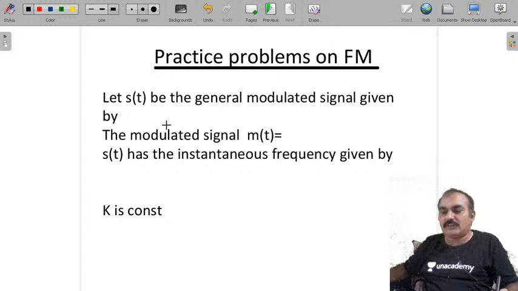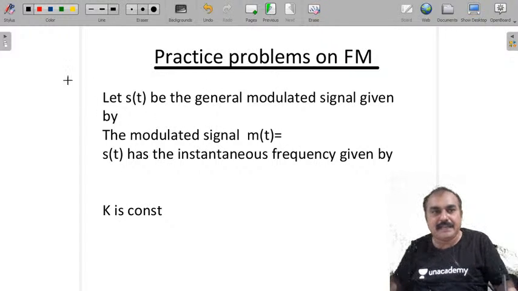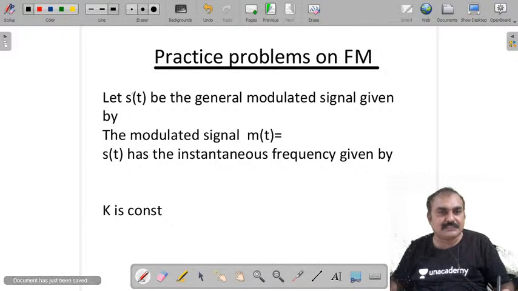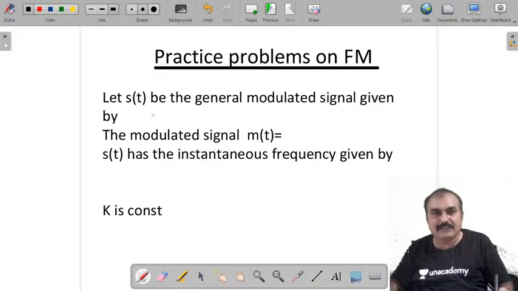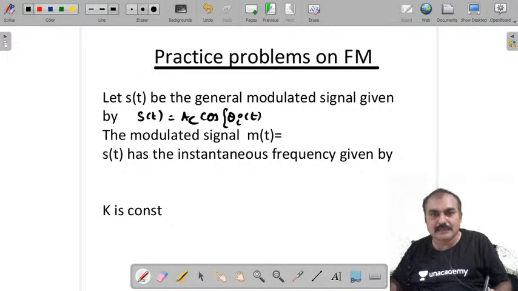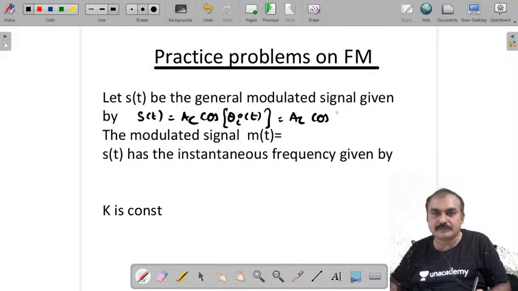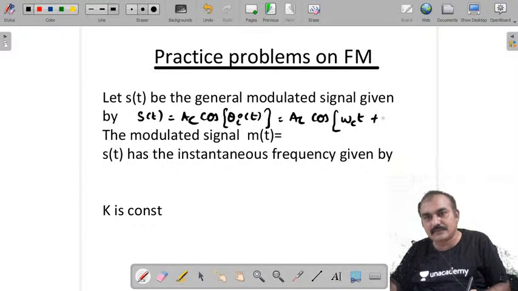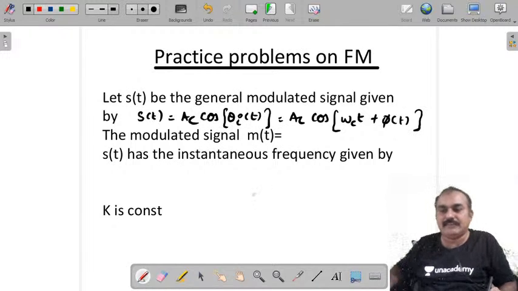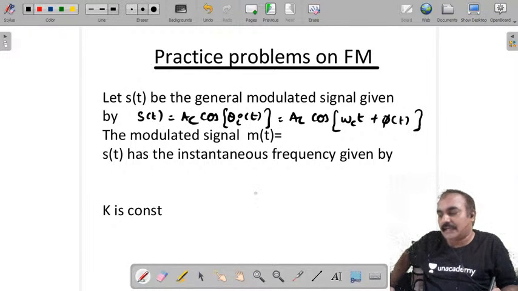He has given the signal s(t), a general angle modulated signal, given by s(t) equal to Ac cos theta(t), which is equal to Ac cos(omega c t plus phi(t)).